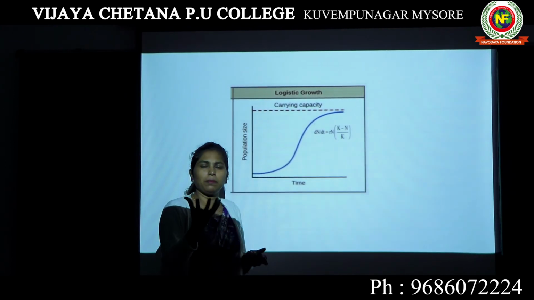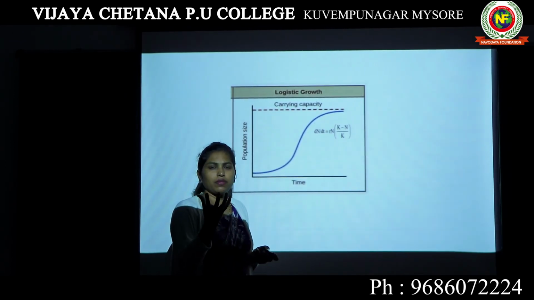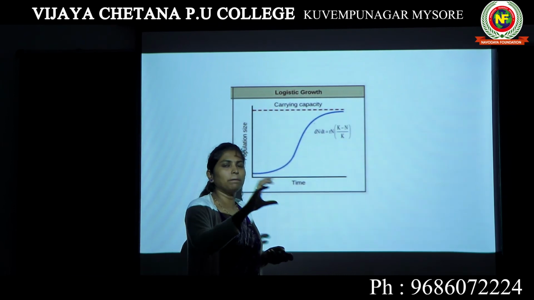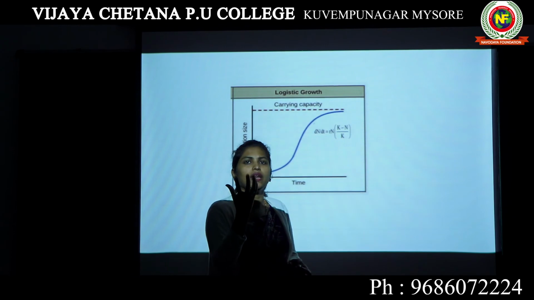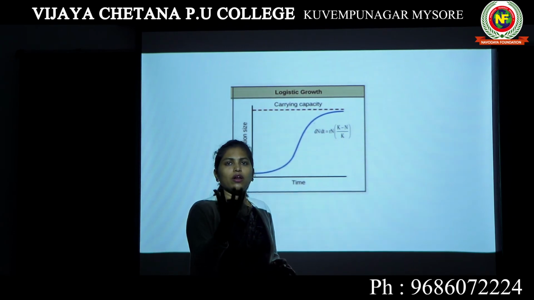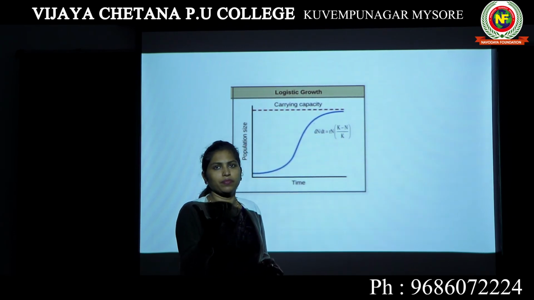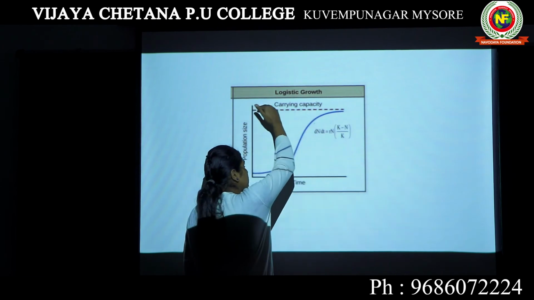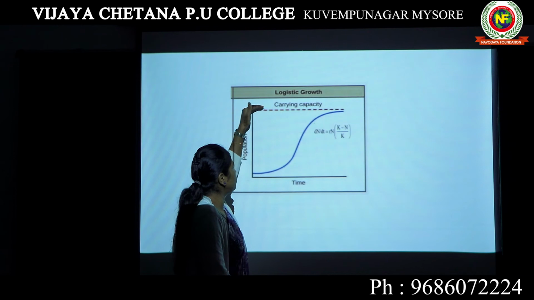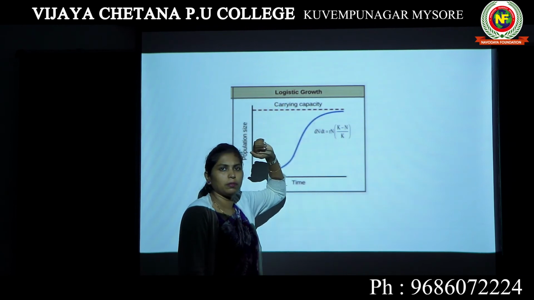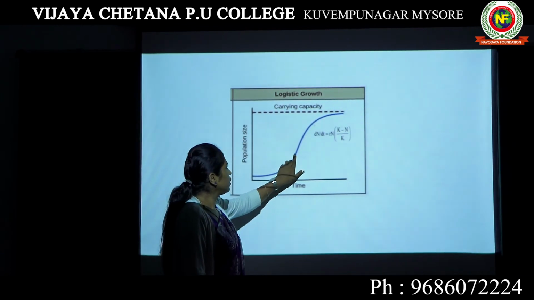Here that Petri plate can be compared with an ecosystem. That Petri plate has very limited resource to allow the growth of any more bacteria. So here the carrying capacity is reached. This is the carrying capacity of that particular media or Petri plate.